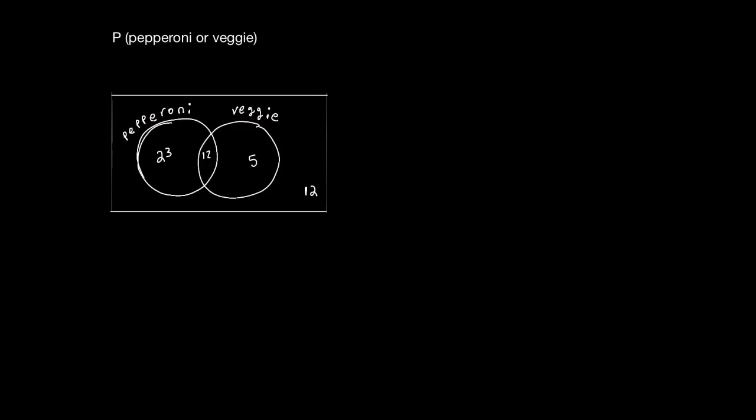Okay, let's take a look at pepperoni or veggie. To do this problem, I'm first going to count all of the people that wanted pepperoni by circling pepperoni. As I circle pepperoni, we see that we have 23 plus 12. But now we have to take into account the people that wanted veggie as well, right?